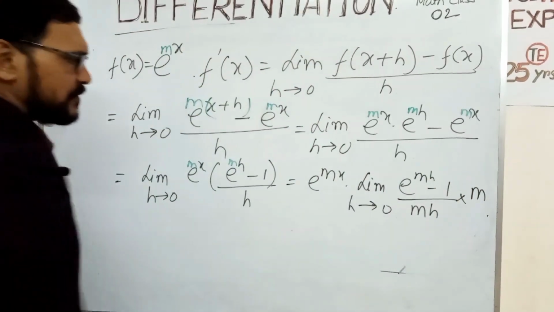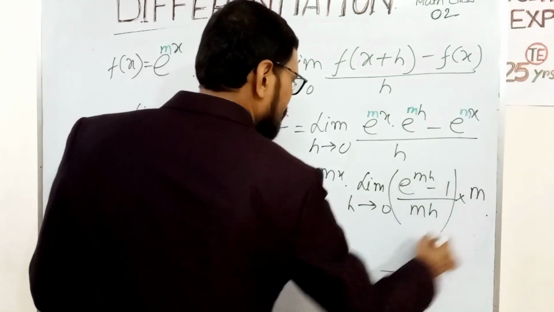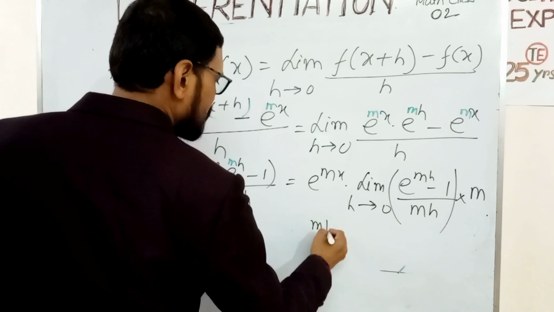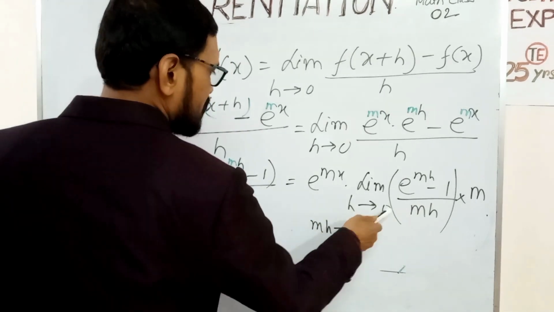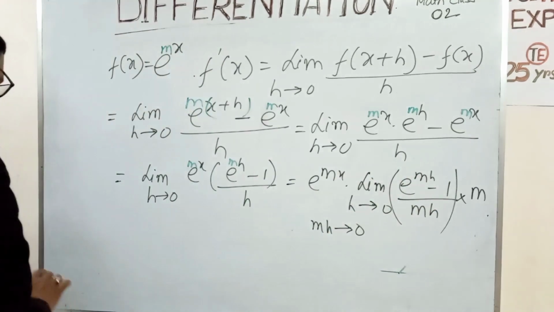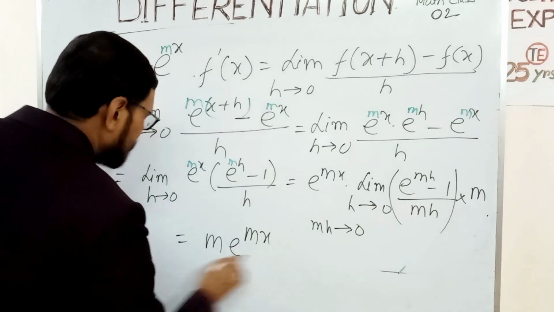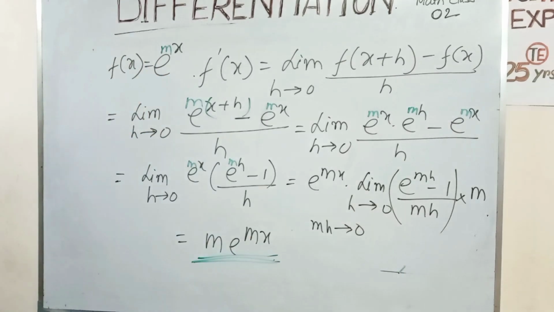So we adjust m in the numerator and denominator. Now this limiting value becomes 1, because if h tends to 0, then mh also tends to 0, so e to the power mh minus 1 by mh becomes 1. So the formula becomes m into e to the power mx. So this is the formula for the derivative of e to the power mx.